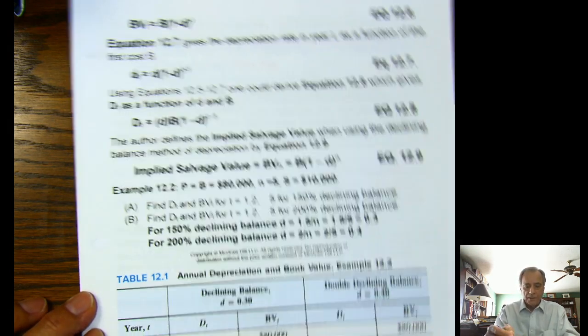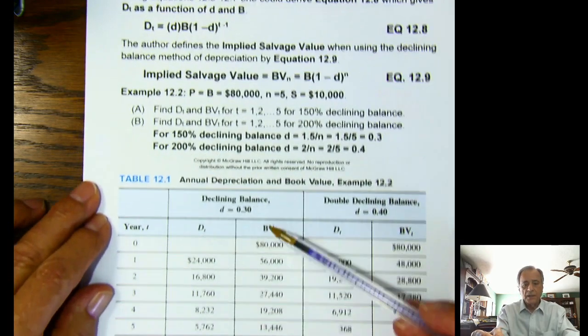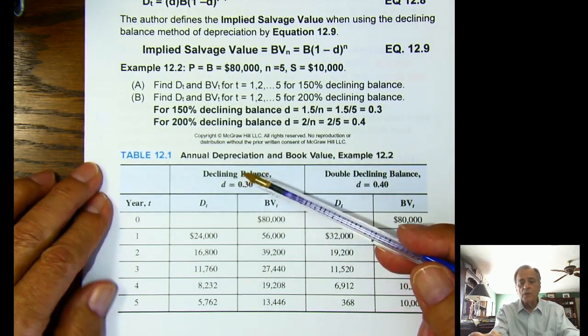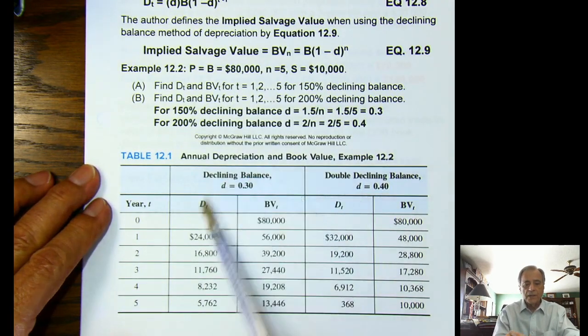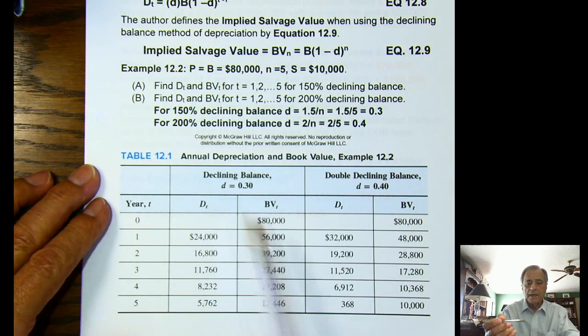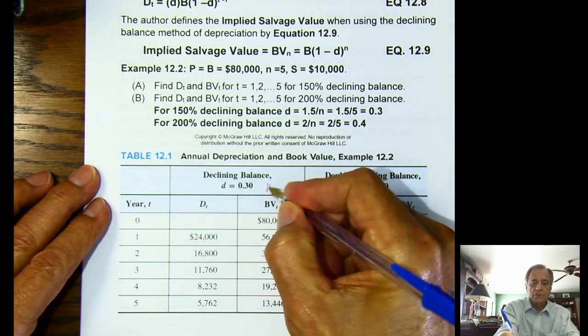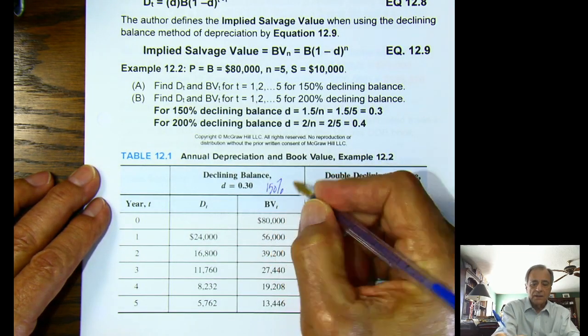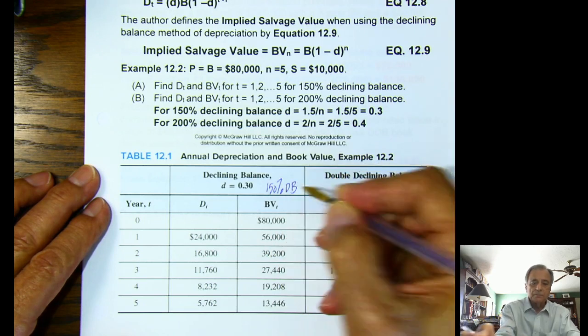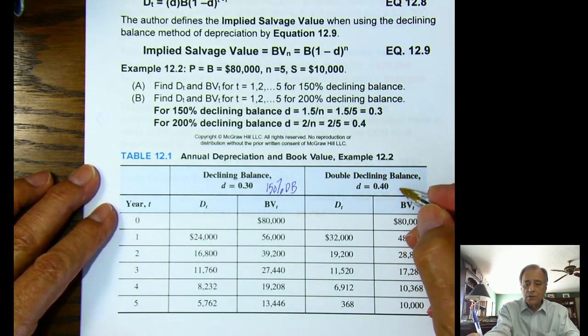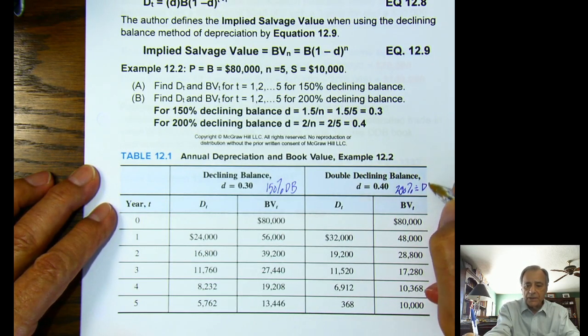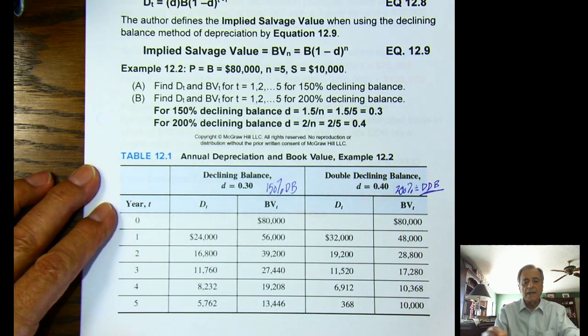So these two columns in table 12.1 deal with 150% declining balance, and this is 200% declining balance, or double declining balance, called DDB, double rate declining balance.